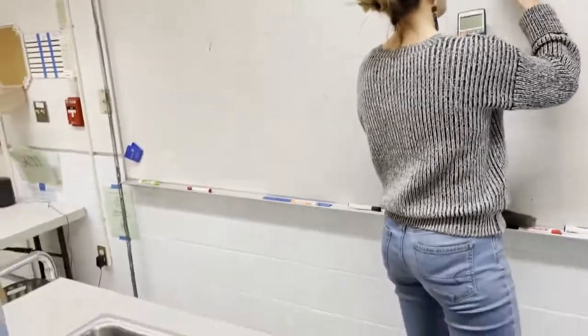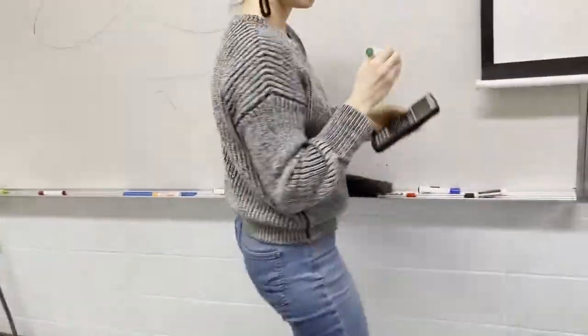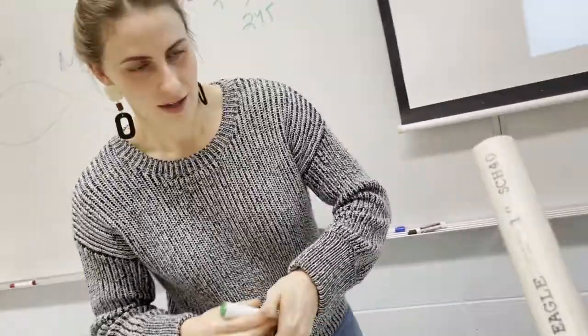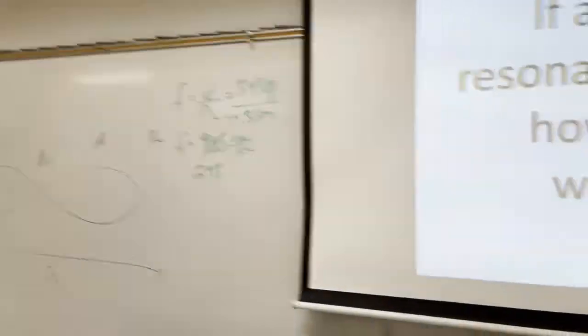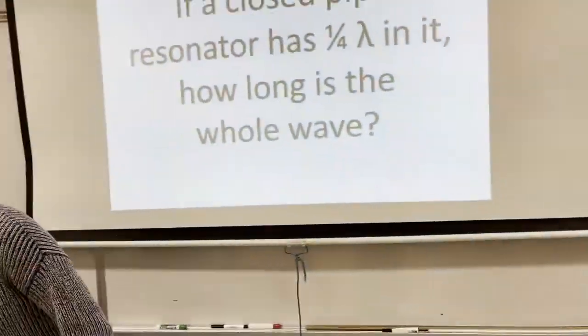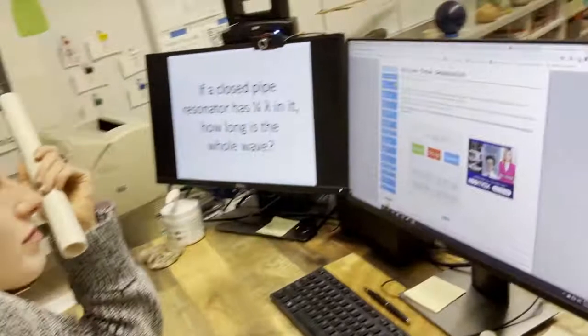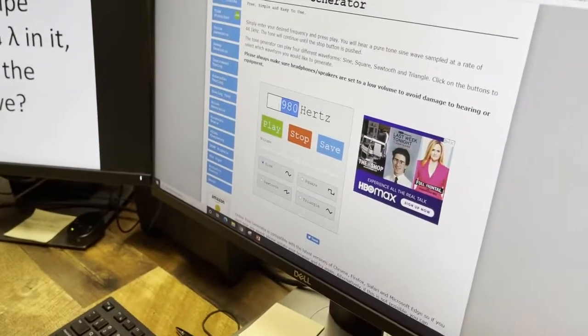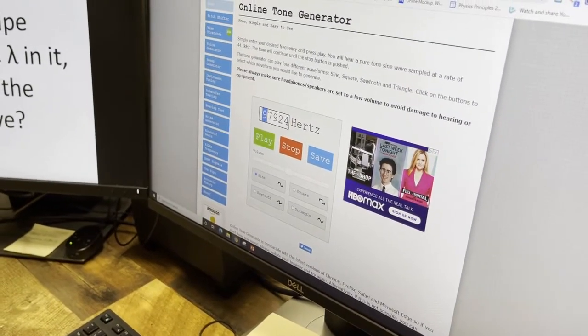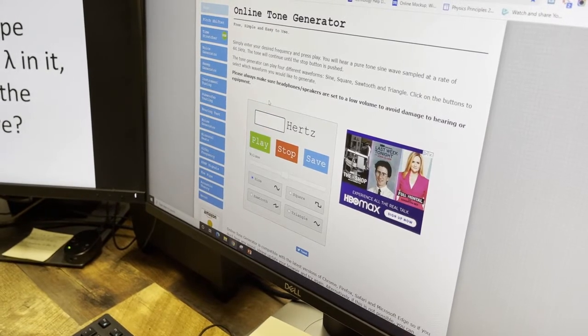245. Okay, let's go back over to the sound wave generator. Sounds more promising, because 980 was a really high pitch. 245. Come on, little guy. Okay, 2, 4, 5.